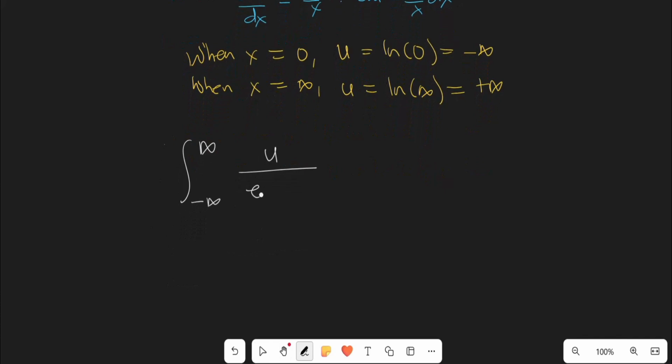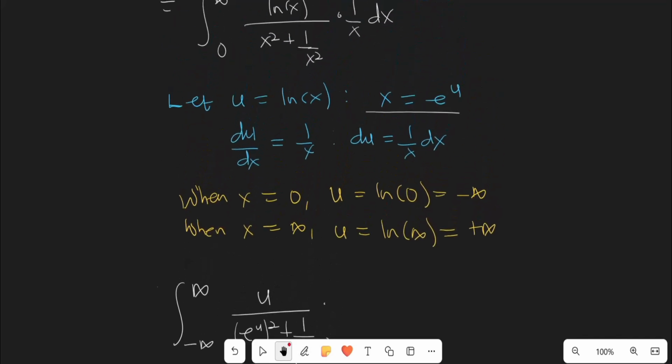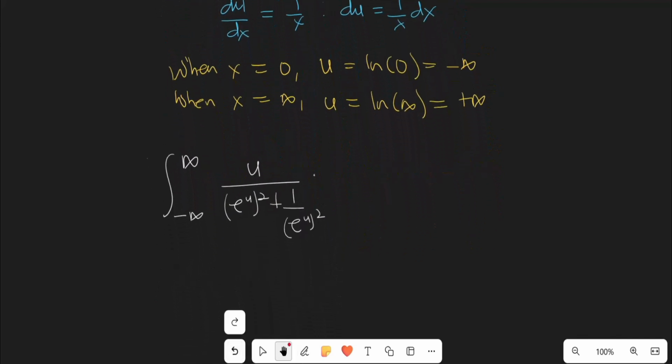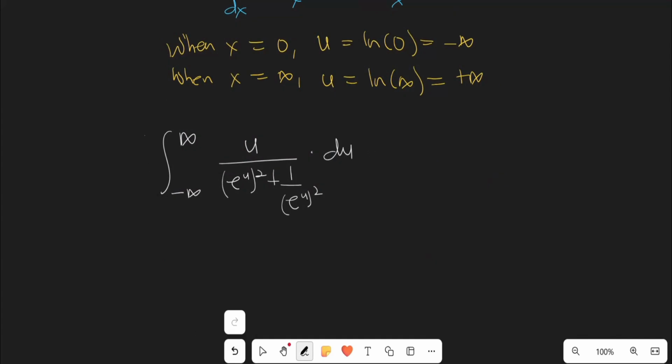So that is e to the u squared plus 1 over x squared, which is 1 over e to the u squared, times 1 over x dx. 1 over x dx is du. So you have the integral from negative infinity to positive infinity of u all over e to the, you can multiply this out, 2u plus 1 over e to the 2u, du.